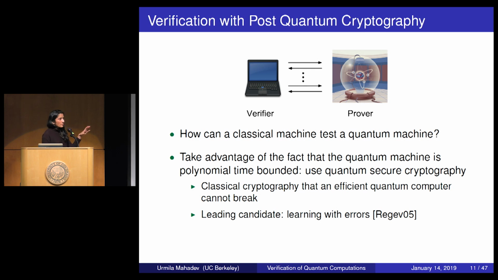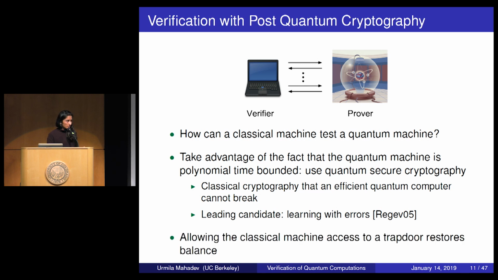Okay, so far I've said there's a huge power imbalance, and how I'm going to address it is by upper bounding the power of the quantum prover and saying that there are certain problems that the quantum prover cannot solve. But this isn't fully addressing it, because the verifier is still much weaker than the quantum prover. So the way I'm going to get around that is by giving the verifier some power that the quantum prover does not have. What I'm going to give the verifier is something called a trapdoor.